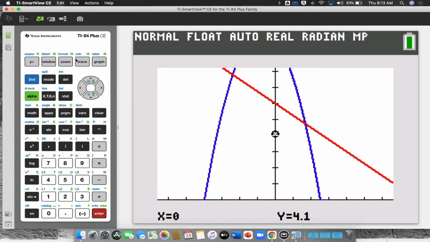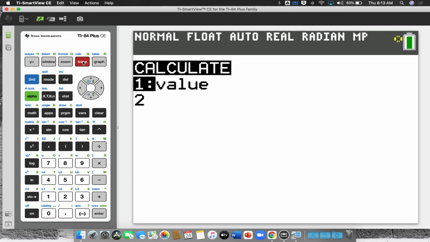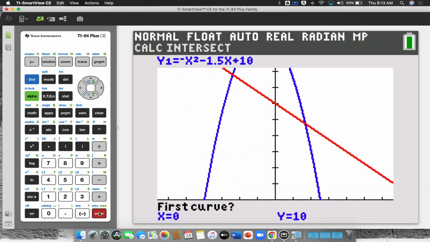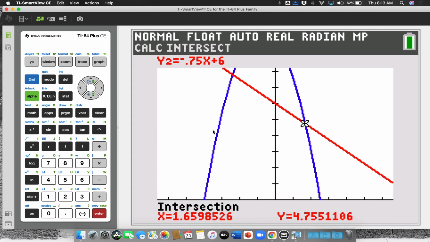Okay. So second, calc, intersect, first curve, there it is. Second curve, there it is. Best estimate, there we go. And that's what we're looking for. Go 3 spaces past 1.6598, so 1.660.